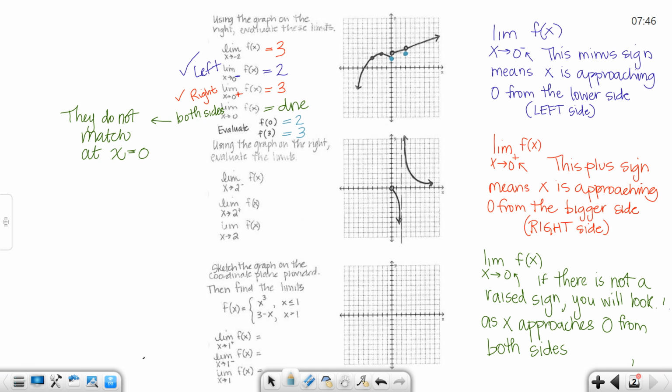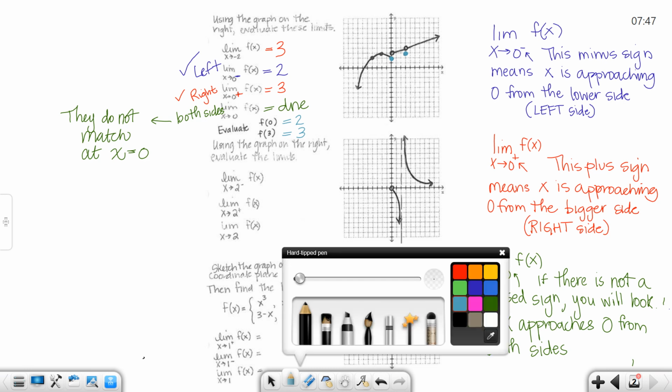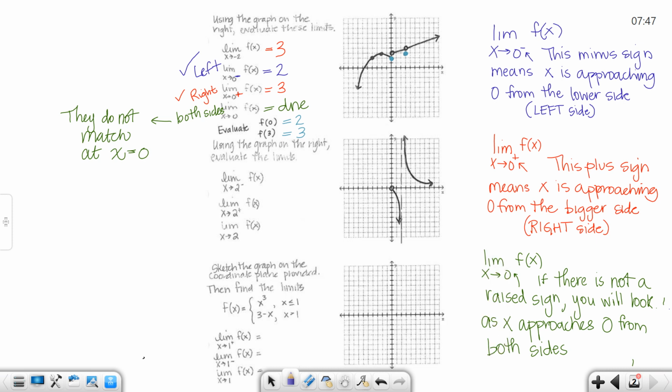Let's talk about the second graph. It's special because it has an asymptote. So for this particular graph, again, I'm asking you from the left and the right, and then just straight on. Okay, this little minus right here means I'm approaching 2 from the left.